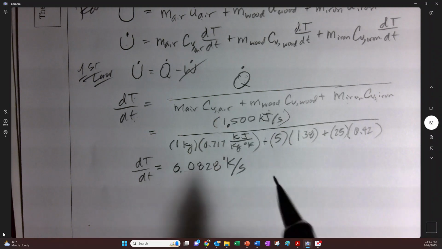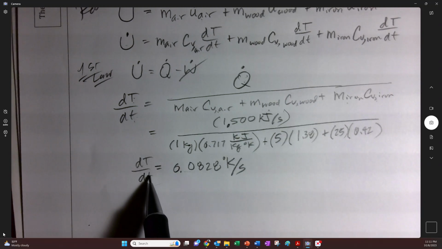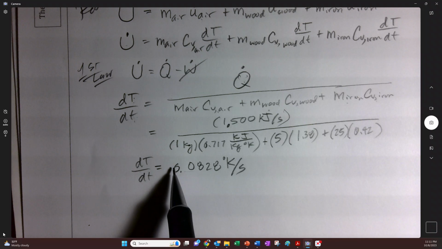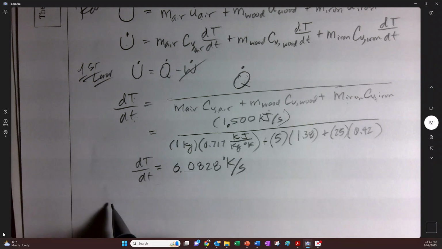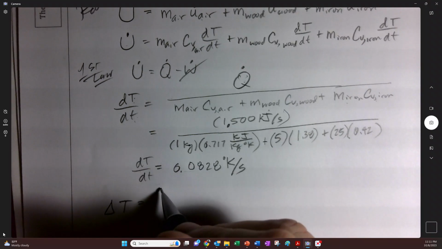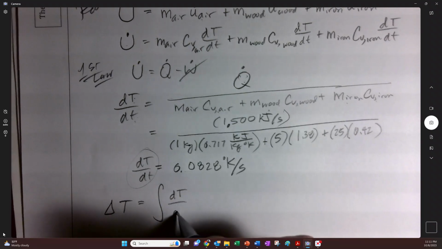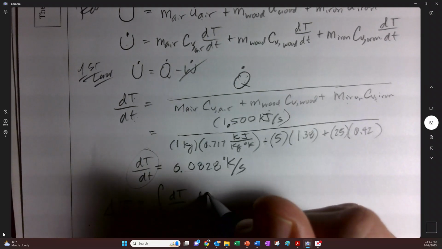So this is basically all you need to do is think through. I don't even know where they might have got this from, but it just makes logical sense that you could integrate this thing, dT times dt right there.